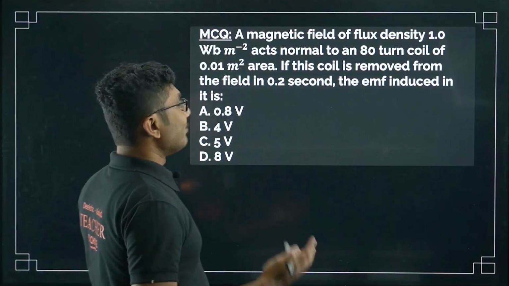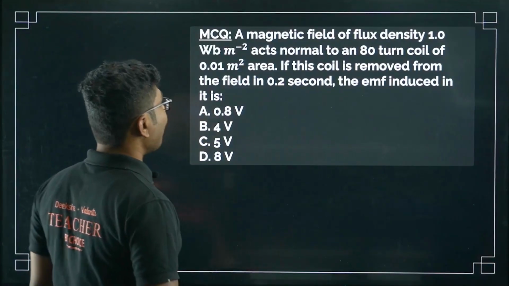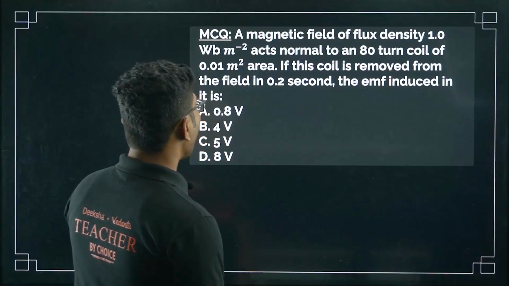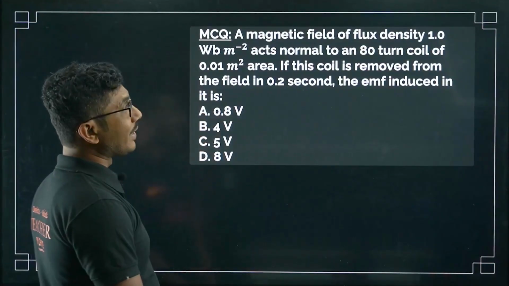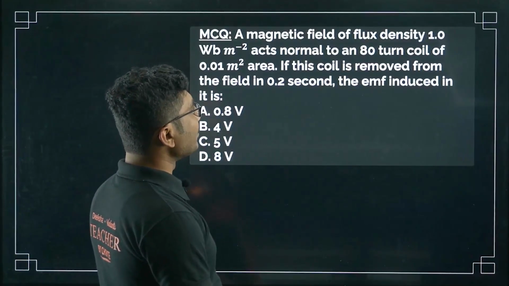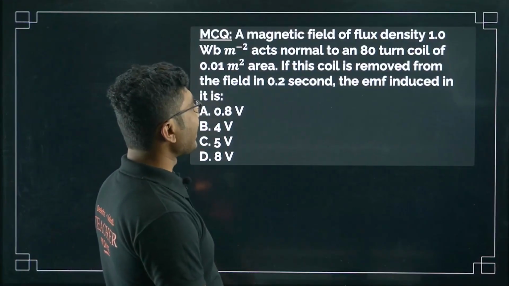So now see one MCQ question from whatever concepts we have learned so far. A magnetic field of flux density 1 Weber per meter square, so Weber per meter square is the unit of flux density, acts normal to an 80 turn coil of 0.01 meter square area.